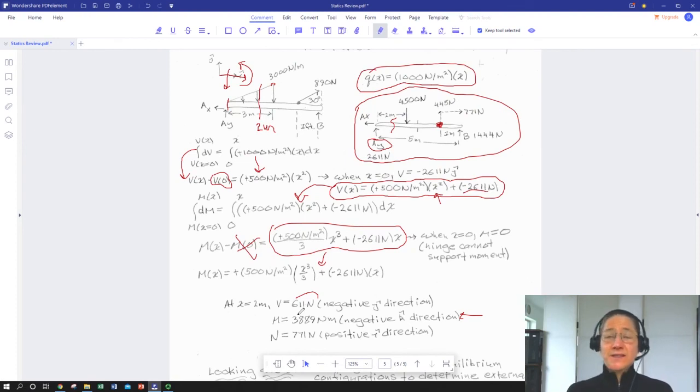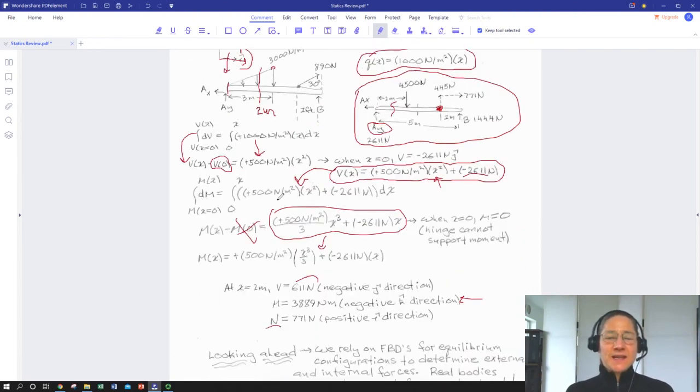And since 2 meters is between A at 0 and where we apply the 771 at 4 meters, we would say that the normal component of the internal forces in the beam anywhere along there is 771.